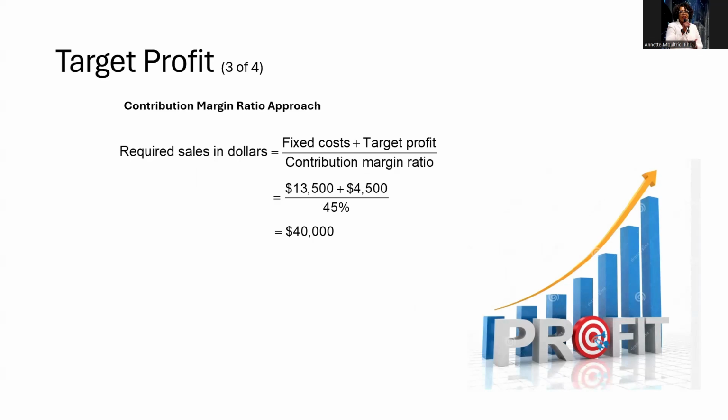And here with the contribution margin ratio approach, you have the required sales in dollars equal fixed cost plus target profit divided by contribution margin ratio. So you have your $13,500 plus the $4,500 divided by the contribution margin ratio, which is 45%, equal your $40,000, which is the required sales in dollars.